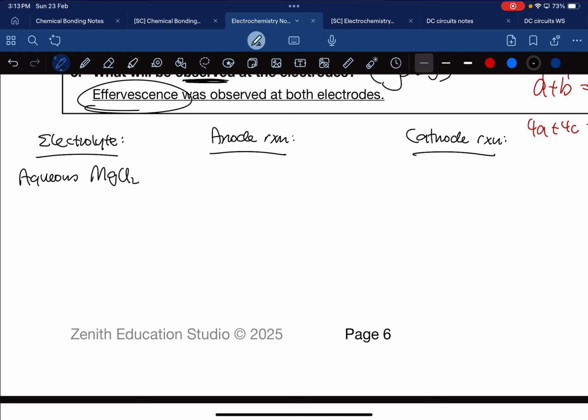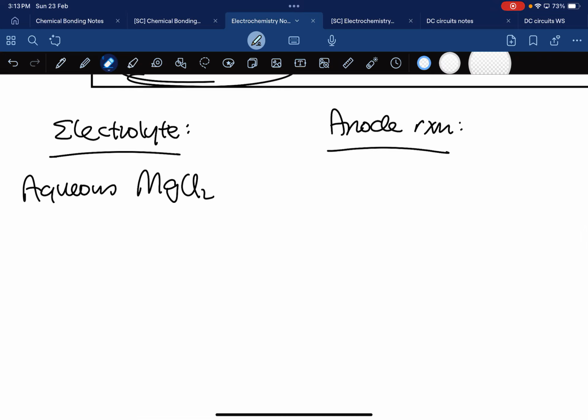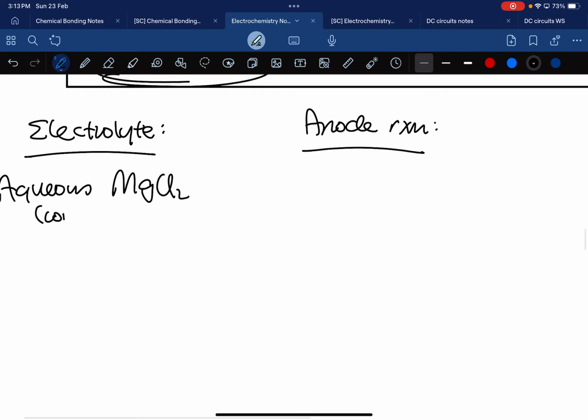Aqueous magnesium chloride. Let's make this a little bit more interesting: aqueous magnesium chloride, concentrated. Now, hear me out first, guys. Don't try to do anything yet.